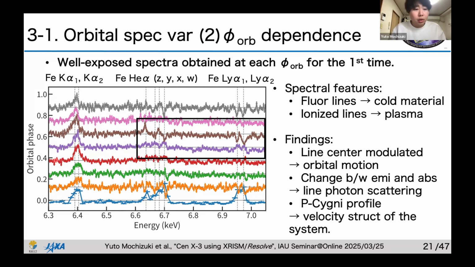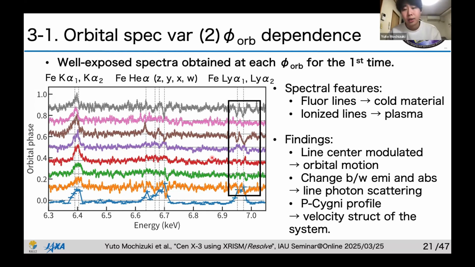Second, the intensity of emission and absorption lines changes, indicating that line photons are scattered by material. And third, we can see the P Cygni profile in some orbital phases. This feature reflects the velocity structure of the system. In this topic, we focus on the orbital motion of the line center.